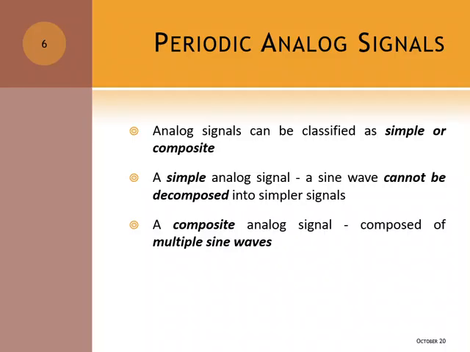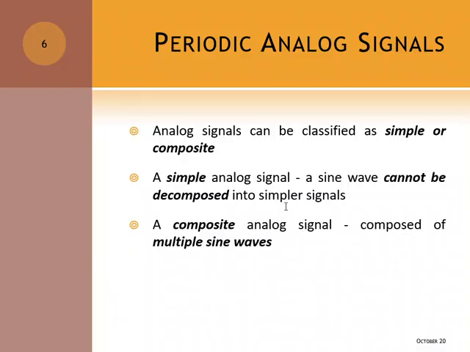Analog signals can be classified as simple or composite. Simple analog signal means signal wave cannot be decomposed into other signals. Selain daripada analog digital, periodic and aperiodic, signal can also be classified as simple and composite.